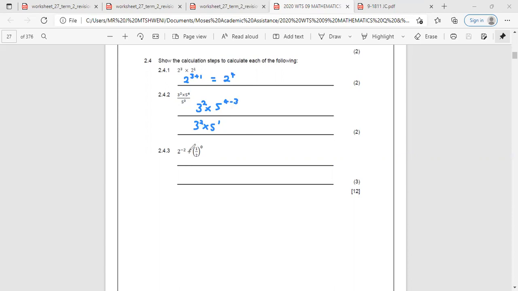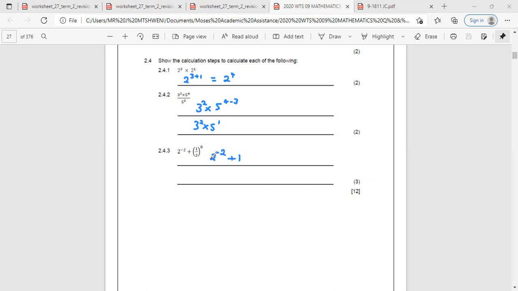Then we'll come to this one. This one is easy. You can just say 2 to the negative 2, plus 1, because any number raised to exponent 0 is 1.